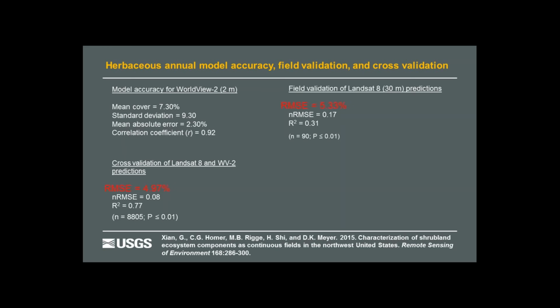In both cases, I want to focus on the RMSEs, because those RMSEs fall, I would consider, well within the acceptable range for an RMSE of continuous variables, both right around 5%. And this is over a sample size of 90 field data sites and over 8,800 points on the WorldView 2 imagery.